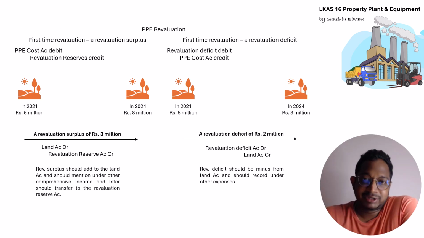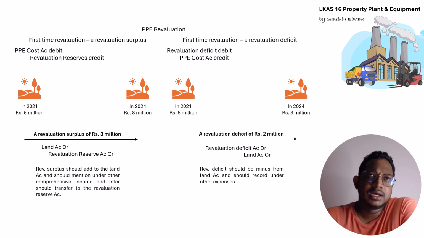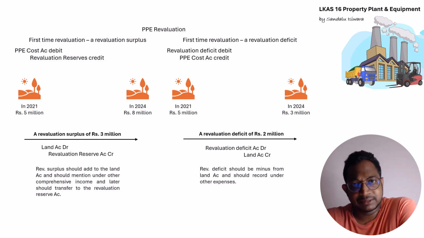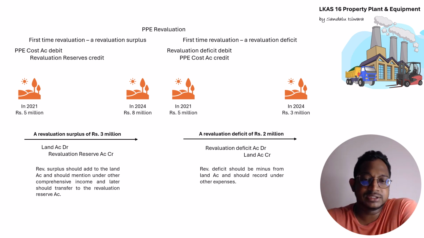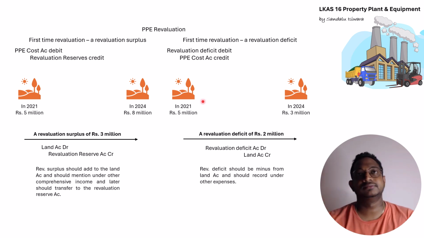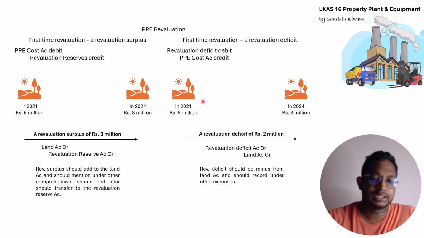Property, plant and equipment revaluation. We can discuss revaluation in two categories: first time revaluation and second time revaluation. First time revaluation is when you are revaluing property, plant and equipment for the first time, right?